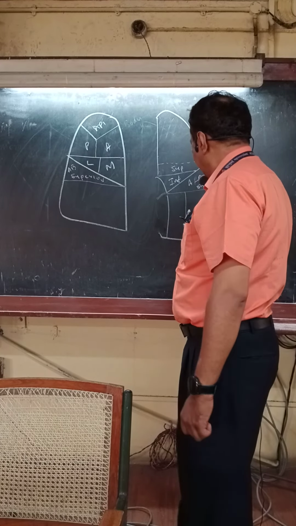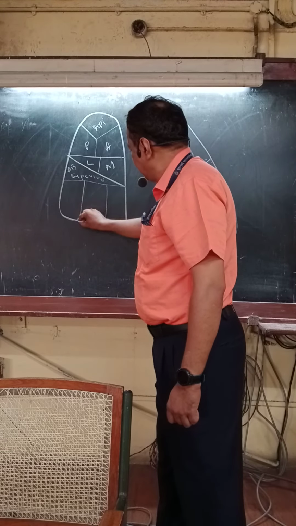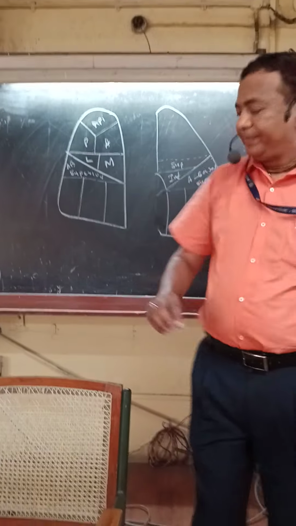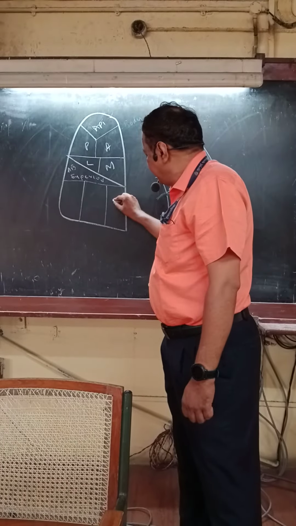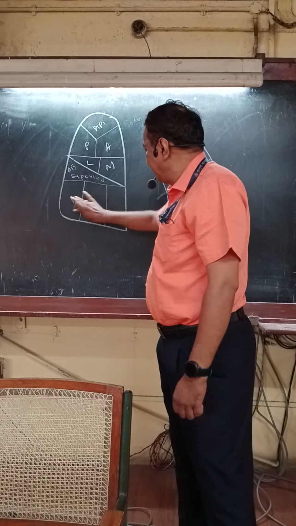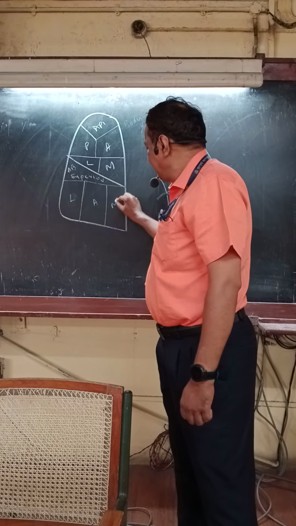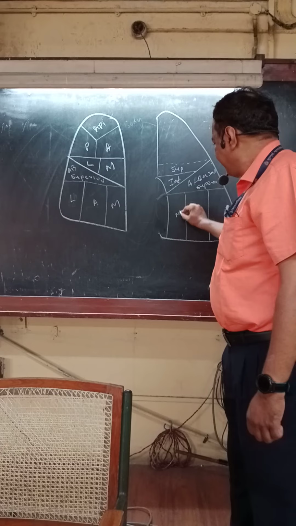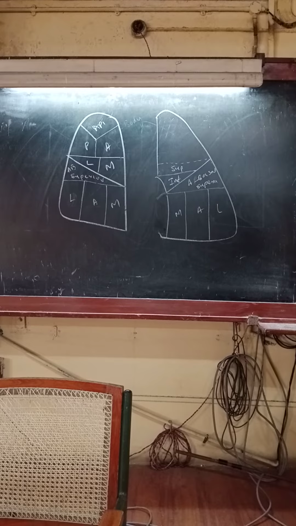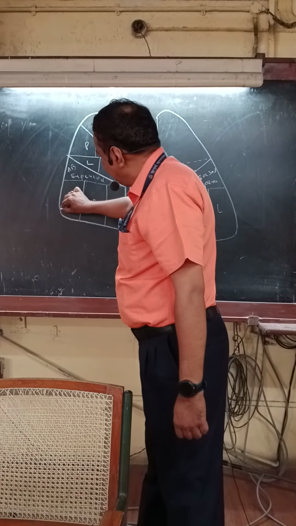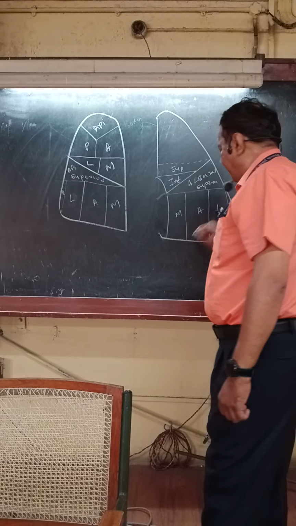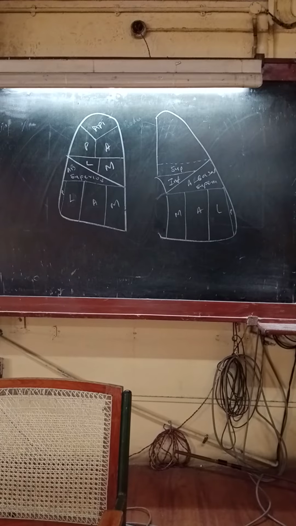And then there are segments like anterior, posterior, or anterior, lateral, medial, okay? Medial, anterior, lateral, and there will be a posterior, which I cannot show you. So if I want to show posterior, maybe I can show a thin line posterior. Okay?